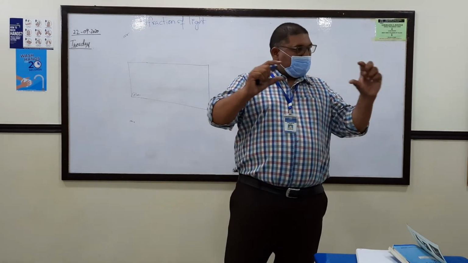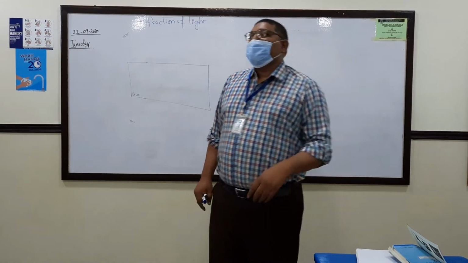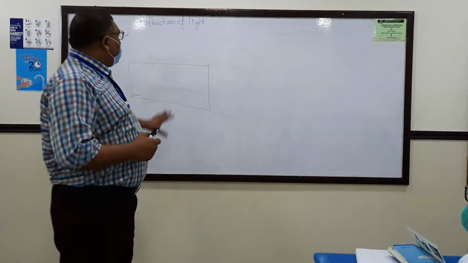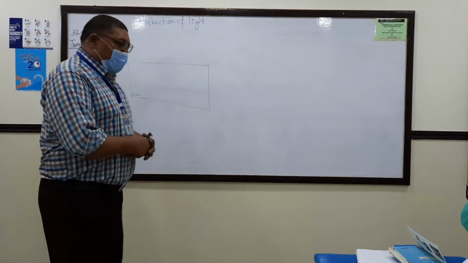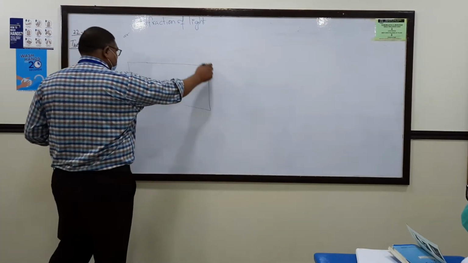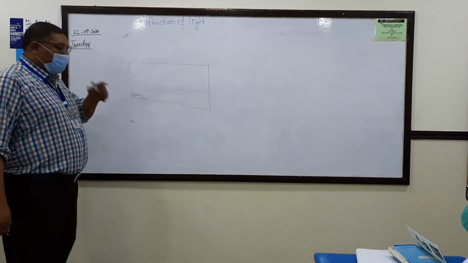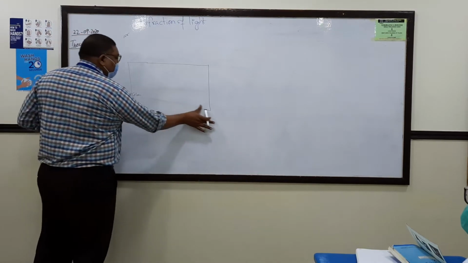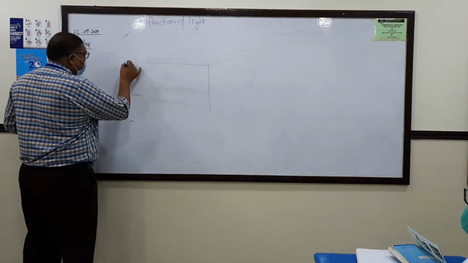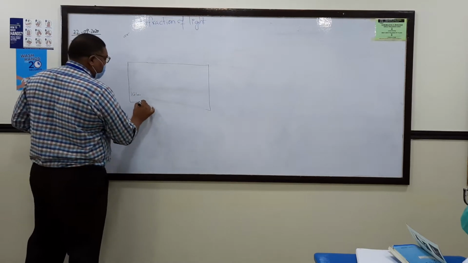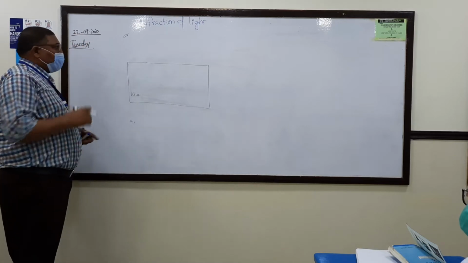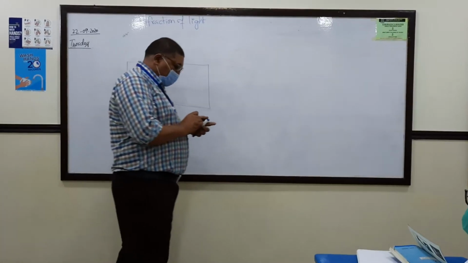It's a thick glass, rectangular shape, and I placed it on the paper and just mark its boundaries on the paper. Mark the outer boundaries of this glass block. For example, mark the outer boundaries. Okay? So this is the glass block.